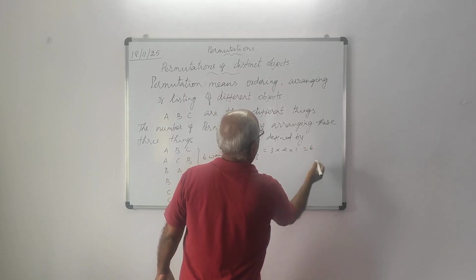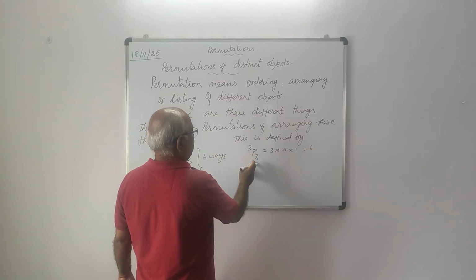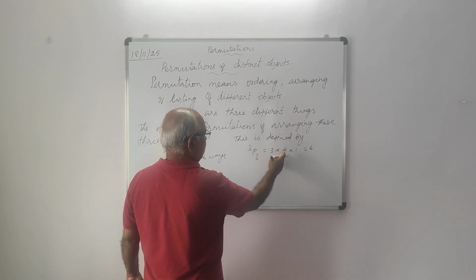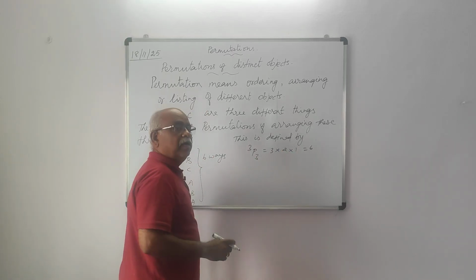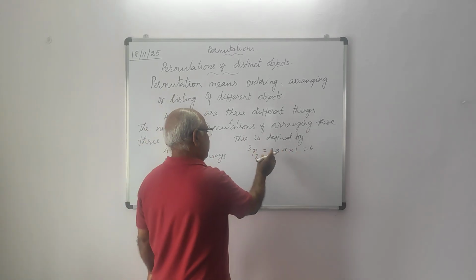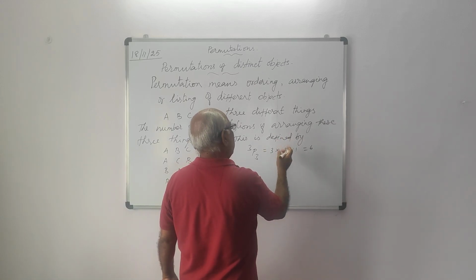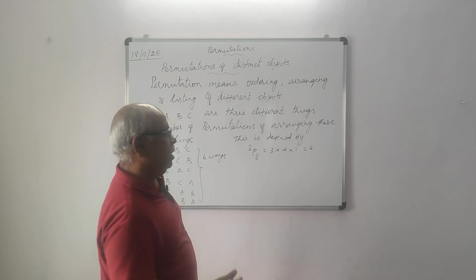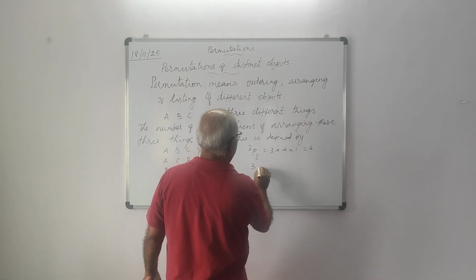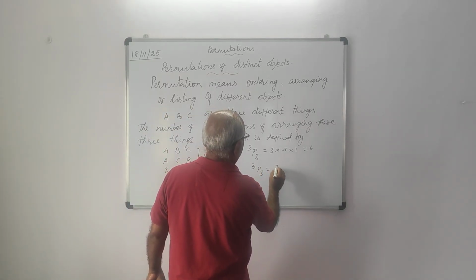See, 3P3 is 3 into (3 minus 1) into (3 minus 2). Here we have three things, therefore multiplication: first you consider 3, then 2, and finally 1. So 3P3 is 3 into 2 into 1, or otherwise we can define 3P3 as equal to 3 factorial.